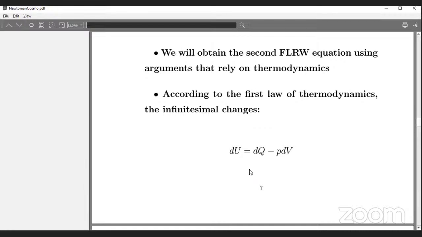Okay. In other words, what it tells you is that as the volume increases, instead of the system doing work and losing energy, the system does negative work so that it doesn't lose energy. So have I answered the question?